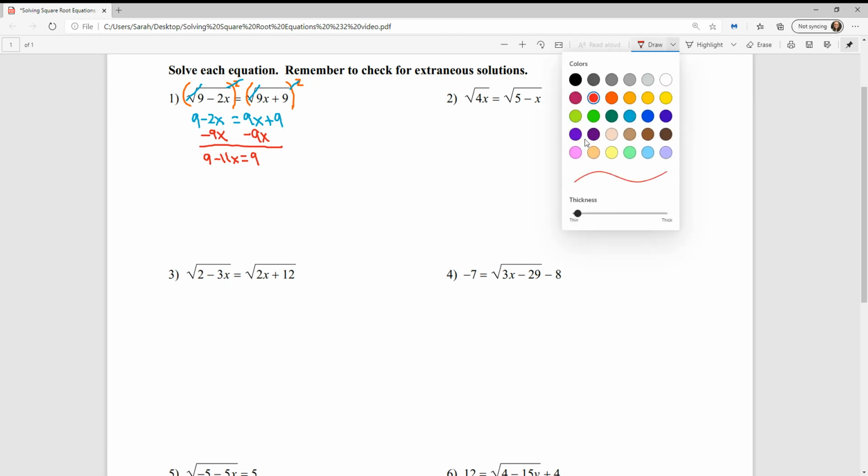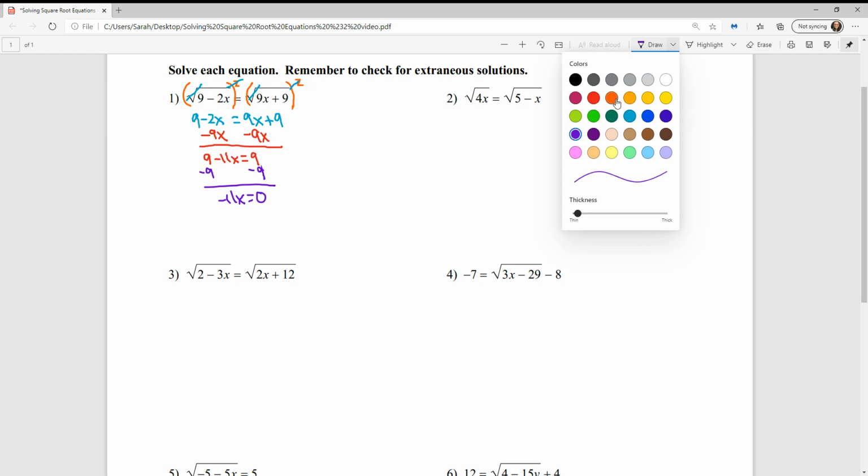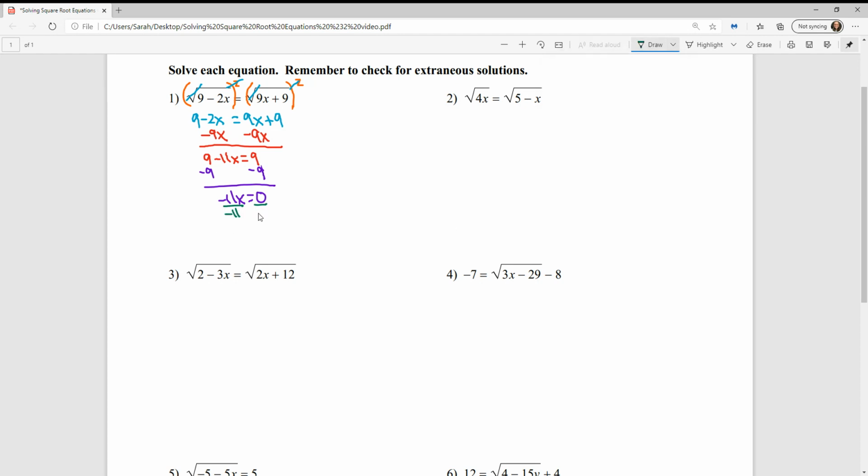And then we need to get our numbers on the same side. So to undo this positive 9, I subtract 9 from both sides. 9 minus 9 is 0, which is okay. Don't let that throw you off. Last but not least, to get x completely by itself, I divide by the number in front of x. 0 divided by anything other than 0 is 0, so x equals 0.